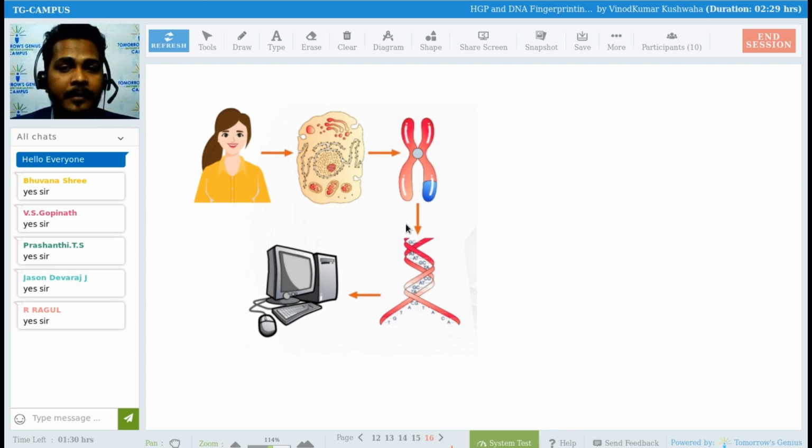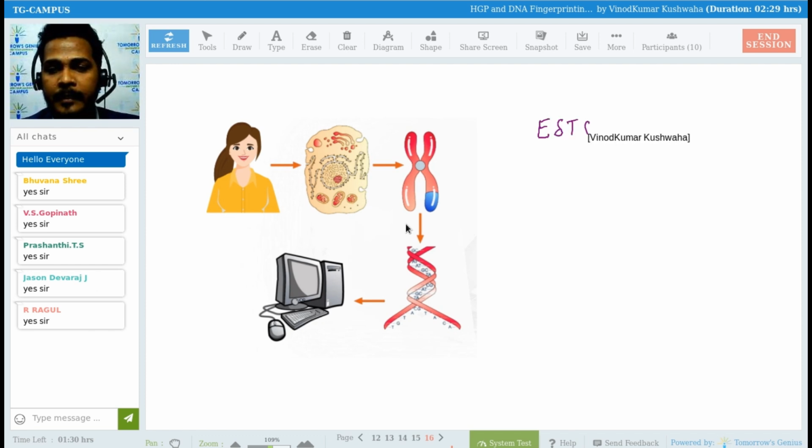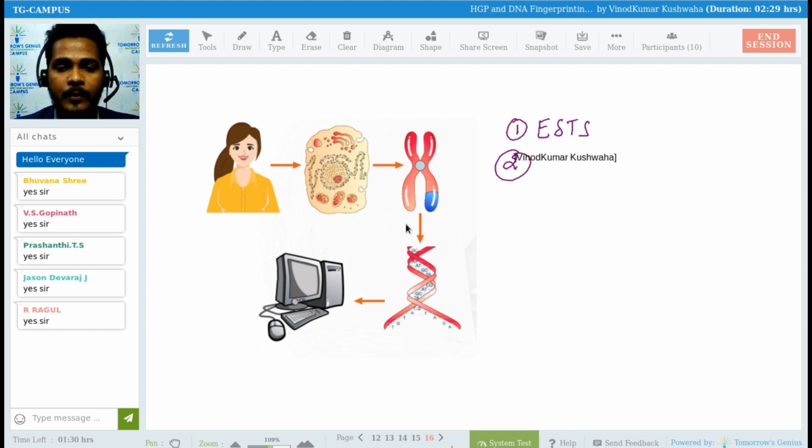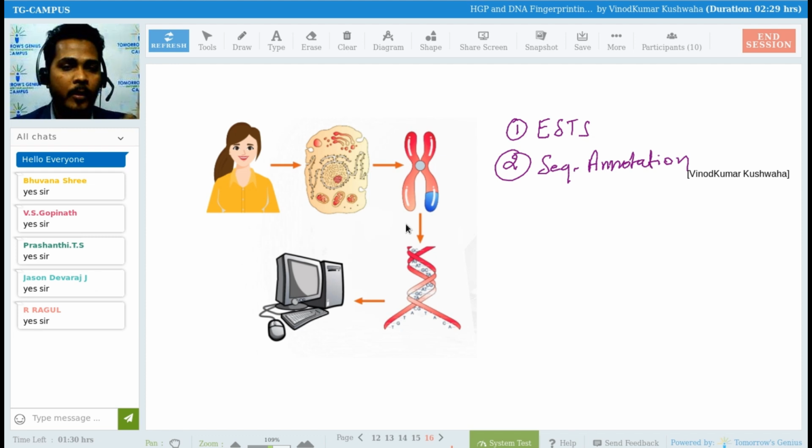One is referred to as expressed sequence tags, let me write, ESTs. The second one is called sequence annotation. Yes or no? These are the two important approaches of the Human Genome Project.